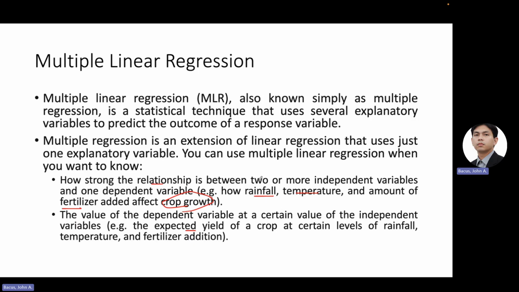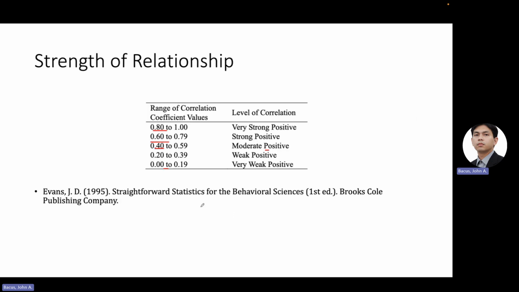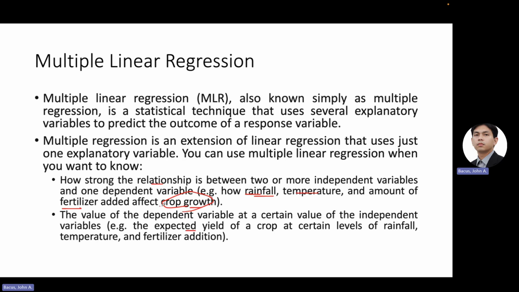If there is no relationship between these variables and the crop growth, then of course we neglect that variable. So how would we know that? If it has a very weak positive or very weak negative relationship, we omit that variable from our dependent variable, which affects the crop growth.